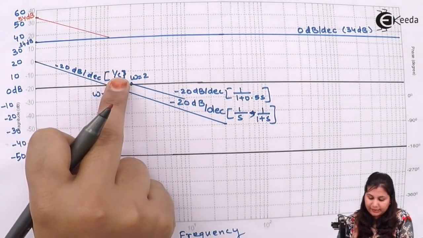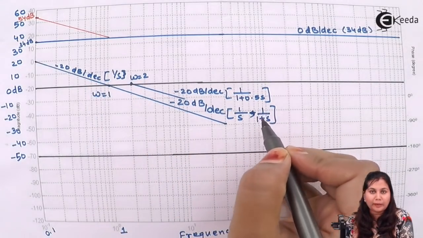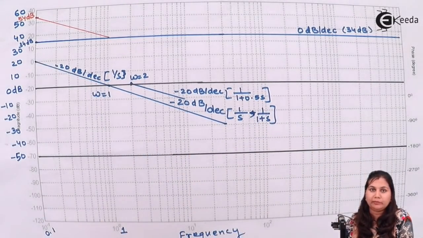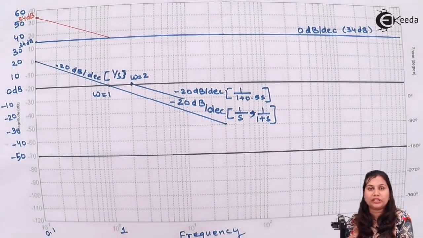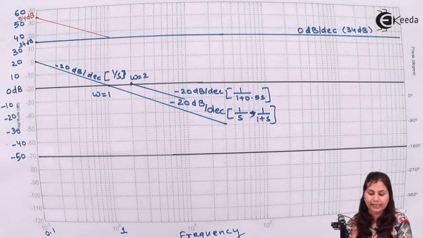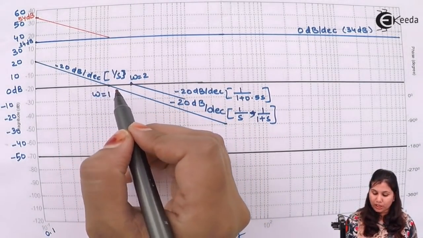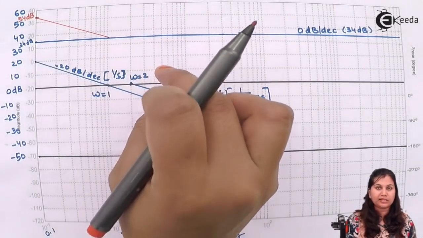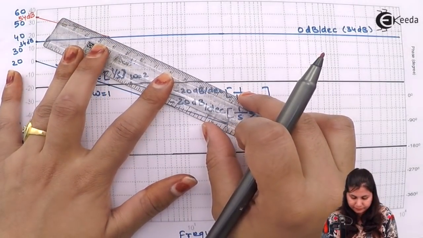Due to this 1 by s, the slope is minus 20 dB per decade. Due to this 1 upon 1 plus s, the slope is minus 20 dB per decade. And due to this constant term, the slope is 0 dBs. So these 3 slopes are going to add up like 0, minus 20, minus 20. So the total slope will be minus 40 dBs per decade. So between omega equals to 1 to omega equals to 2, the slope will be minus 40 dBs per decade. So draw the slope here.